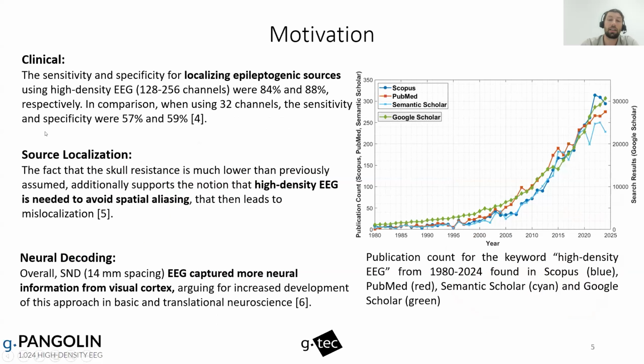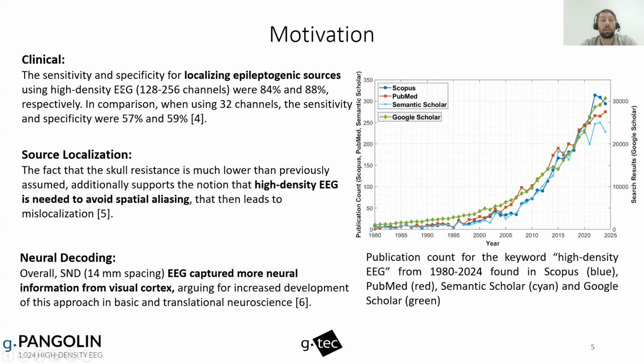The motivation behind the work is based on a couple of topics. It is shown in clinical research that, especially for localizing epileptogenic sources, the improvement is very big when increasing the sensor density.